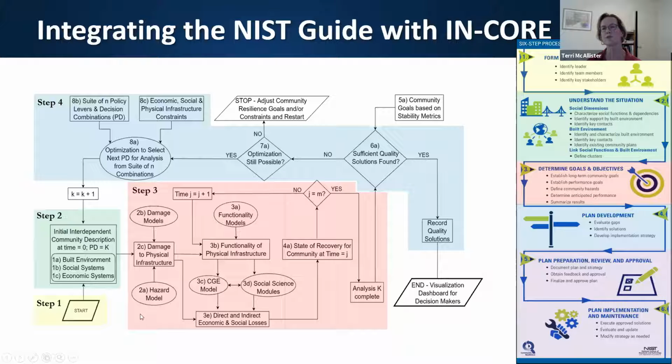Then we move to determining goals and objectives, step 3, which also includes selecting a hazard, simulating the damage to determine the anticipated performance, and comparing that against the desired performance. And there is an optimization loop. It is still under development, but is expected to be released in the next year to allow iterations and better understand alternative options for the communities to consider. All of this is then used to help communities develop their resilience plans.